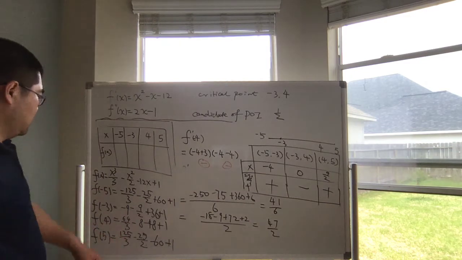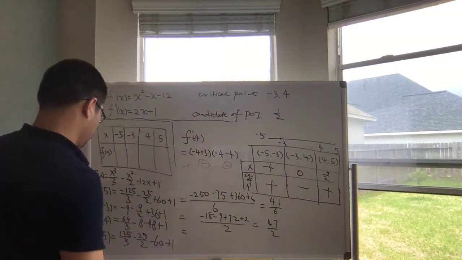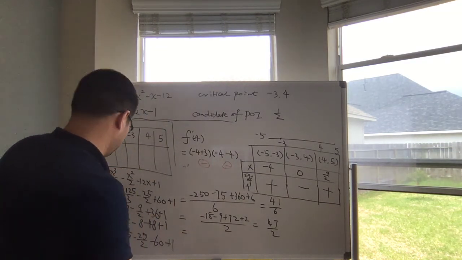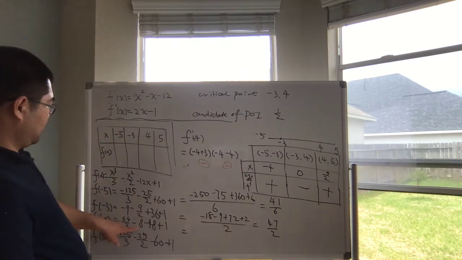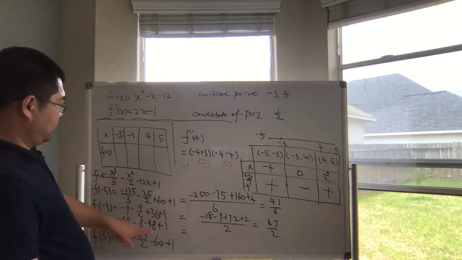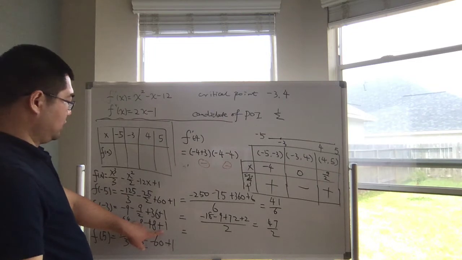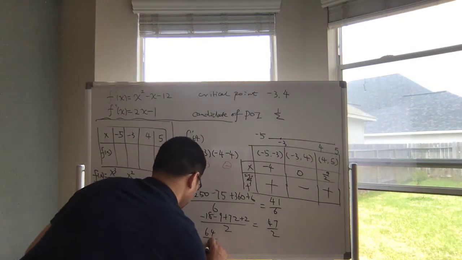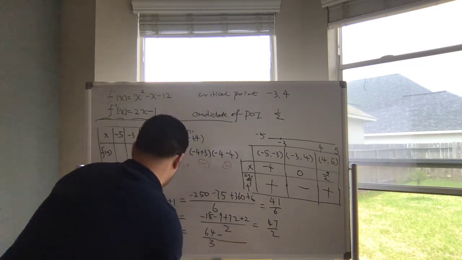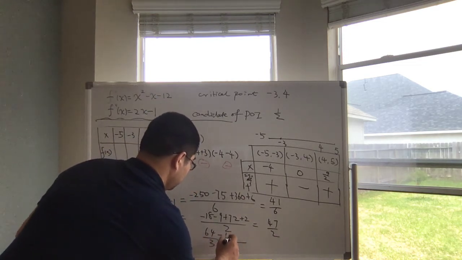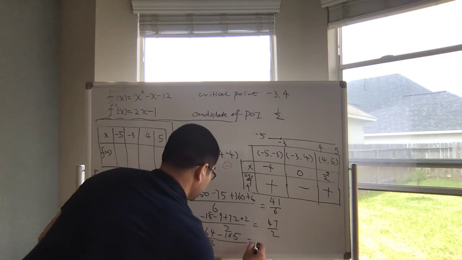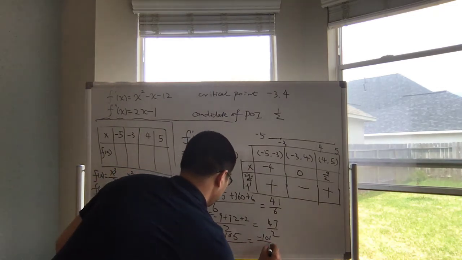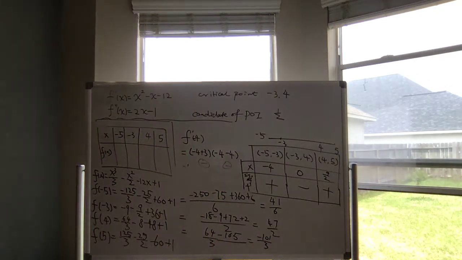This one, we can calculate this part, guys: -56 plus 1, -55. So 64 over 3 minus 165, you're going to have -101 over 3.